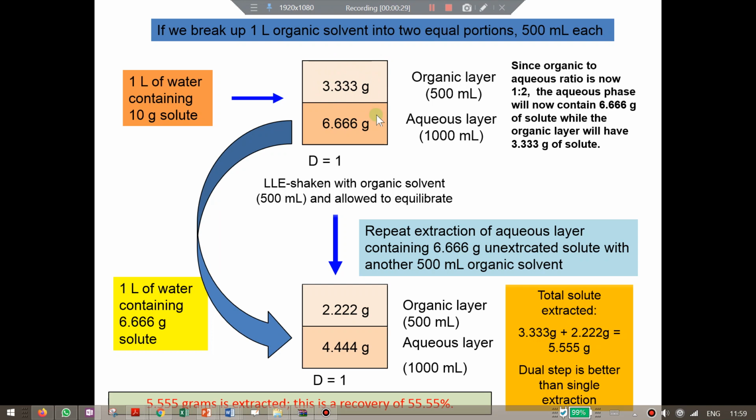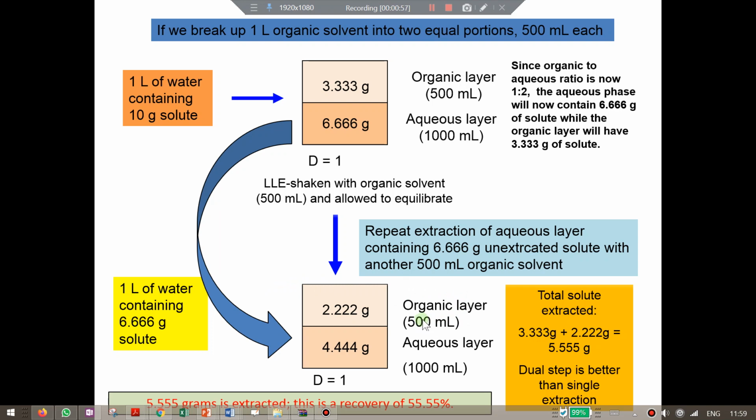We expect maybe only about 30% efficiency. So if we look here, in the first extraction, we can extract 3.333 gram of solute. So we have 6.666 left in our raffinate. We use the raffinate and proceed with another 500 ml of organic solvent.